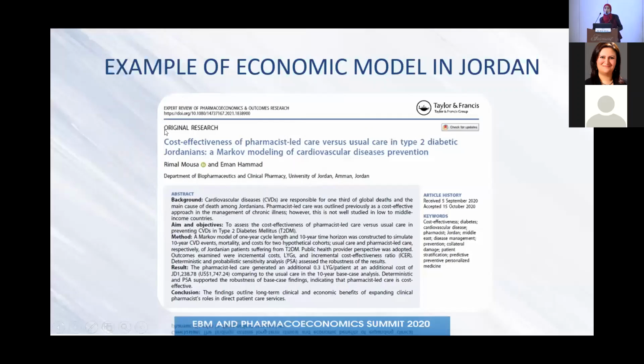This is the first economic modeling based on Jordanian data, and we aim to highlight that clinical pharmacy was cost effective in reducing the 10-year CVD risk in patients with diabetes over the long term of 10 years. We are aiming to share this study with policymakers in order to implement the role of clinical pharmacy in reducing the CVD risk for patients with diabetes.